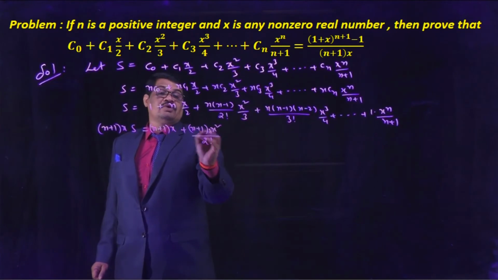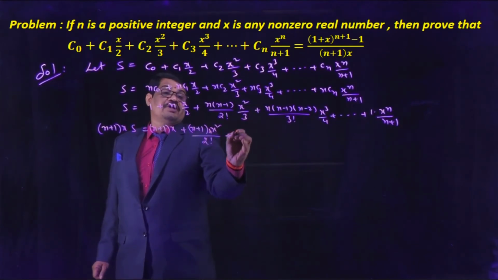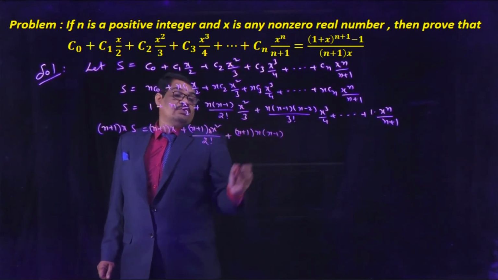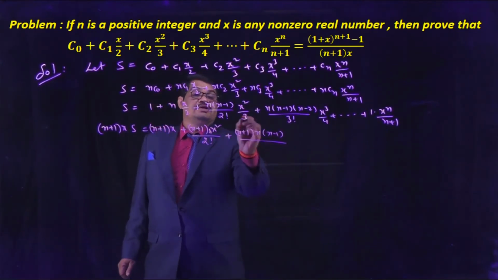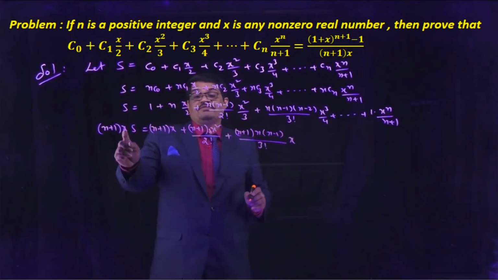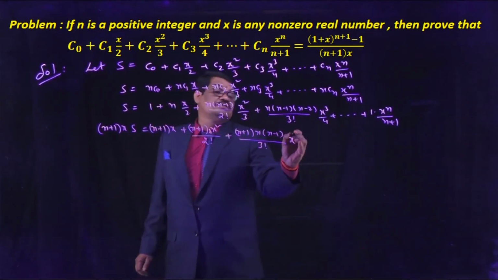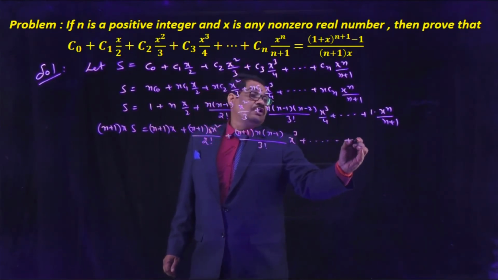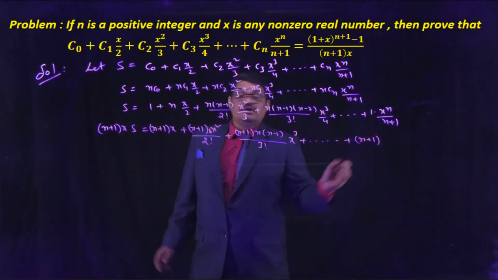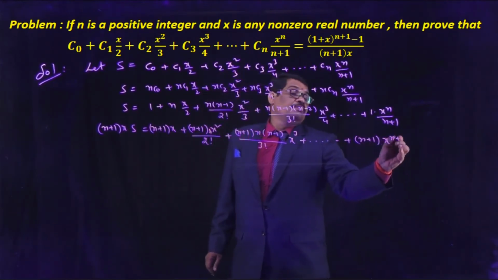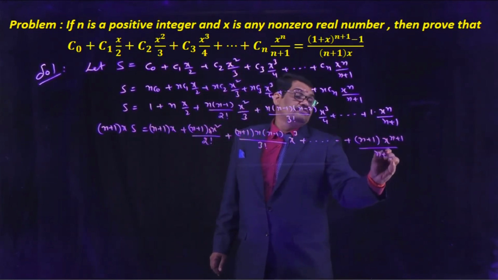Plus here n plus 1 into n minus 1 by 2 factorial into 3, that is 3 factorial, multiplying with x into x square, that is x cube. Like this and so on. Here n plus 1 into x power n, that is x power n plus 1 by n plus 1.